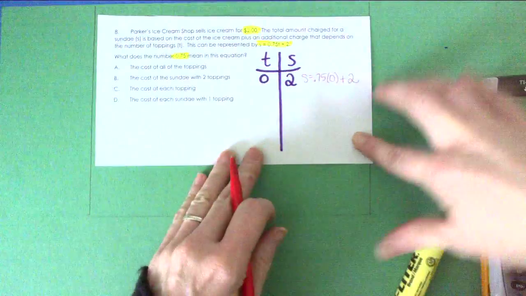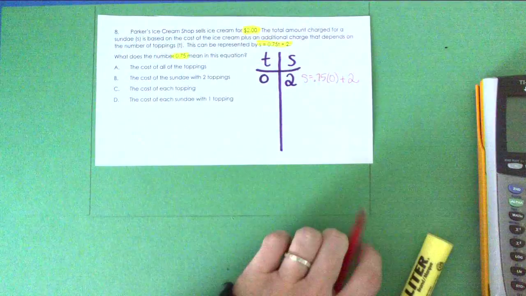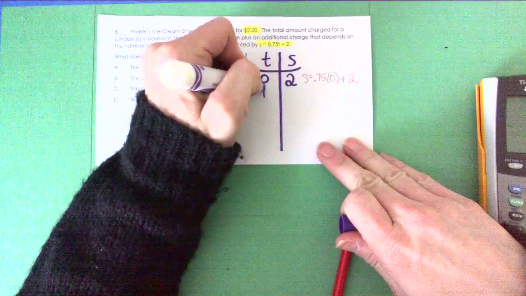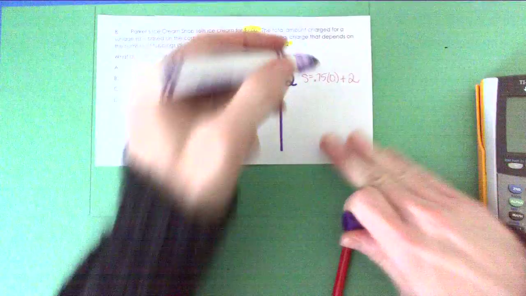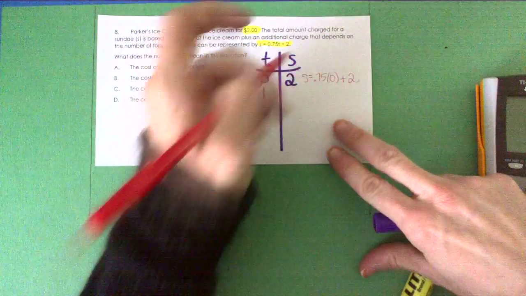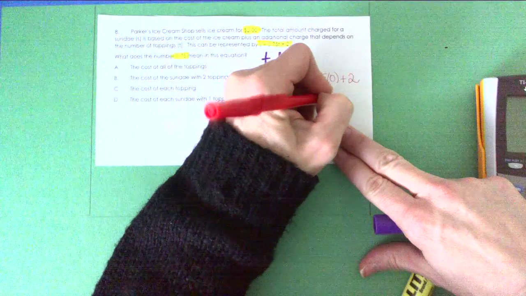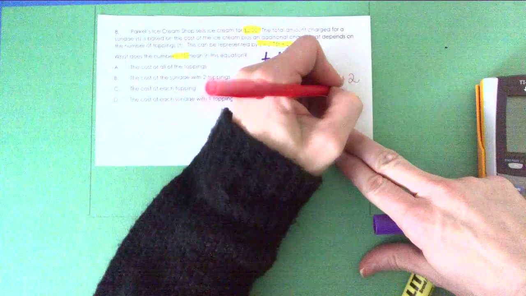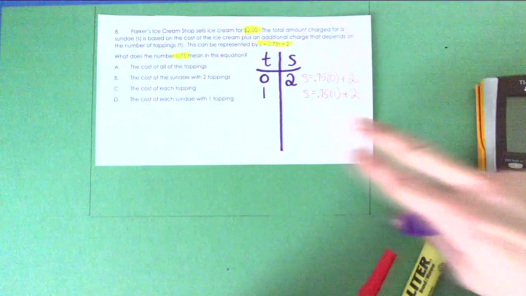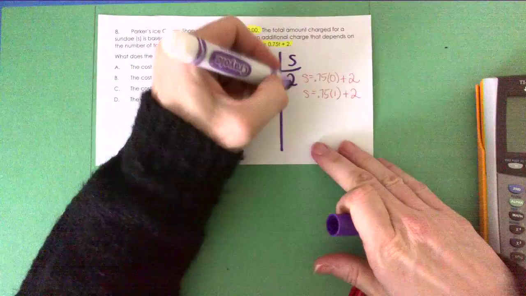plus 2. All right? If I get 1 topping on my sundae, then my work on the side would be sundae costs 0.75 times 1 topping, plus 2. Well, that's going to give me $2.75.